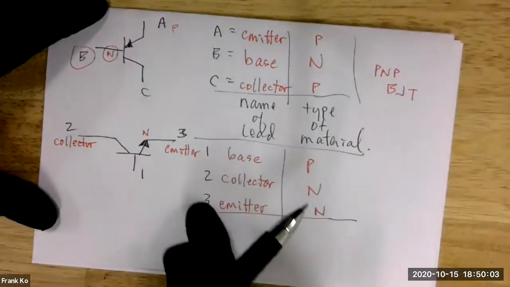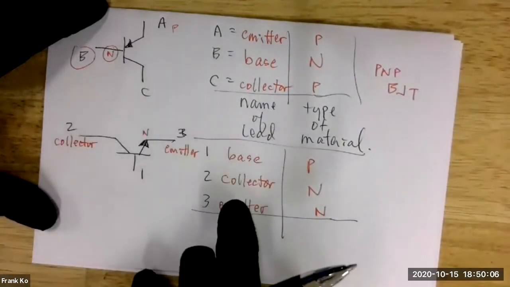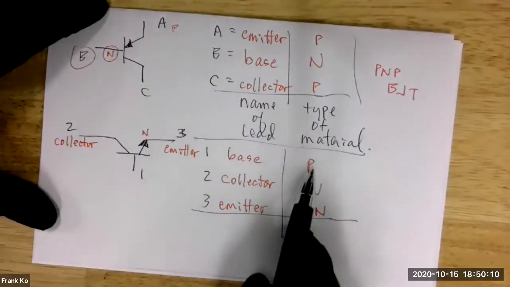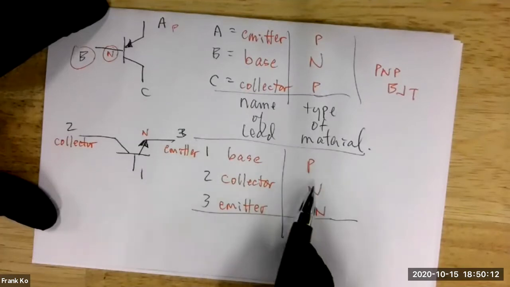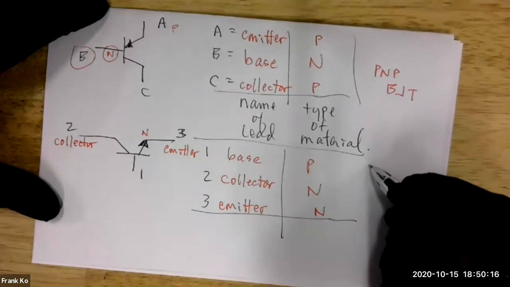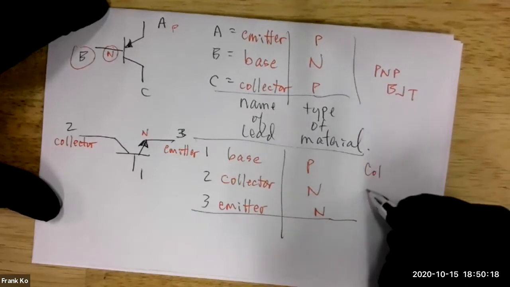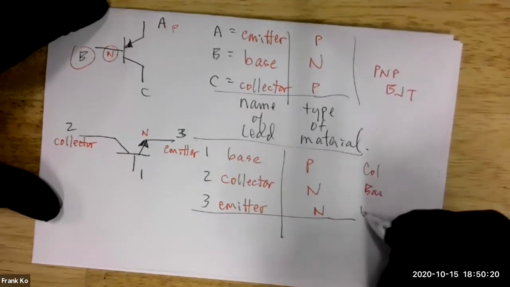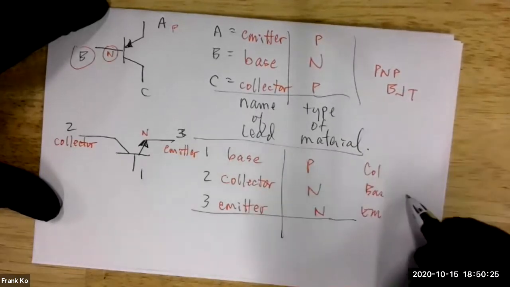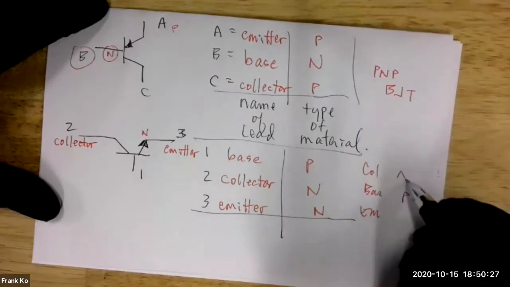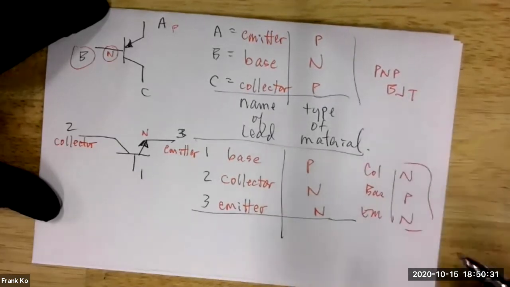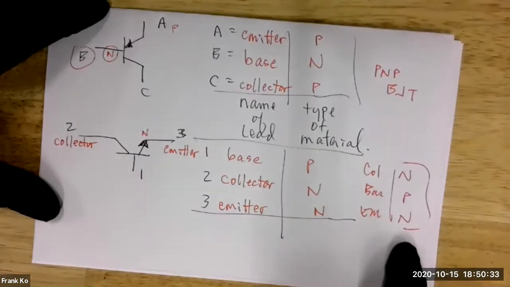Now you notice I wrote the numbers out of sequence, so you're not going to see NPN or PNP. You actually need to understand that we're not going to see sequencing in here, but if we do write this in the form of collector, base, and emitter, then base is P, collector is N, and emitter is also N. This then tells you what type of transistor this one is?